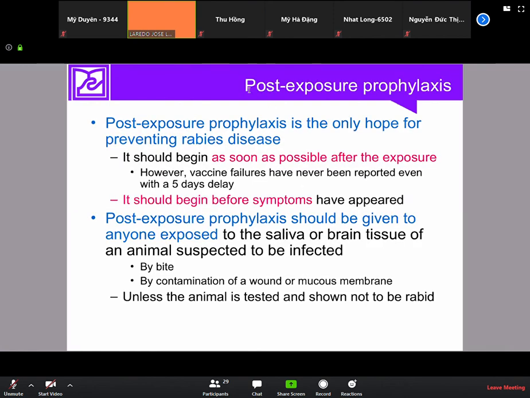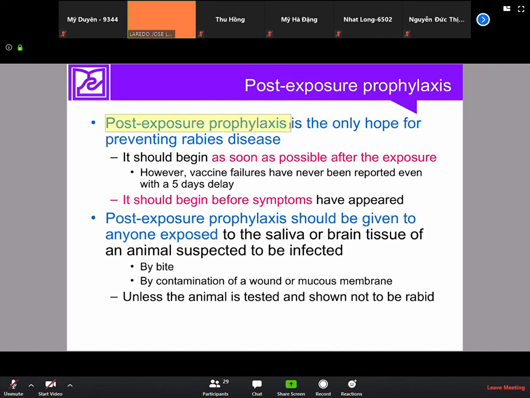So look, what about post-exposure prophylaxis? Post-exposure prophylaxis is the only hope for patients with rabies, the only hope to save their lives. So, if a dog bites you on the street, you have to go immediately to the hospital to receive post-exposure prophylaxis.